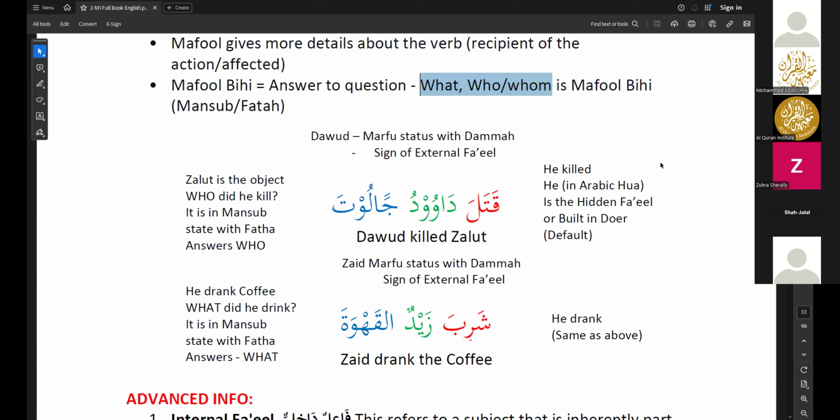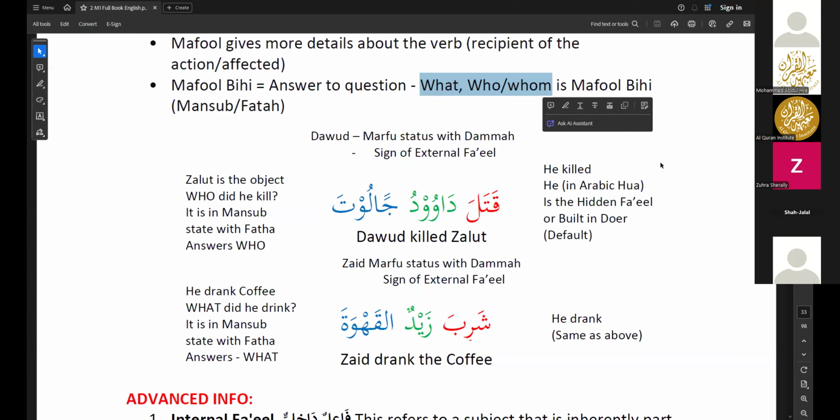So I gave is the fa'il, gave him is a maf'ul. Whom is answering whom. And a book, what did I give? I gave a book. So there can be more than one object, maf'ul, in a sentence. Do you understand all what I said? Answer to question what?